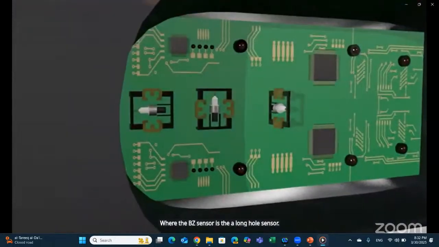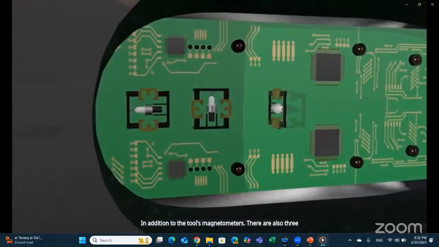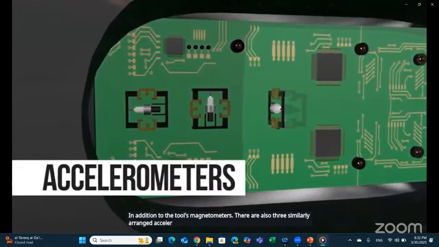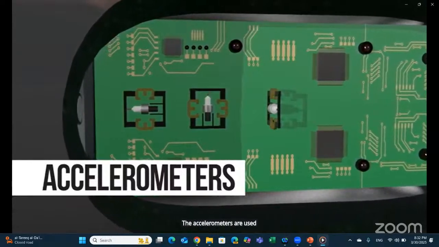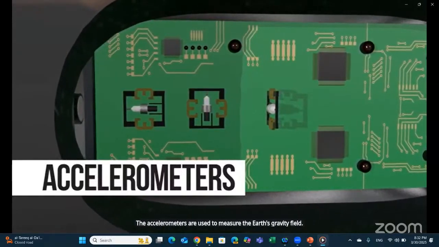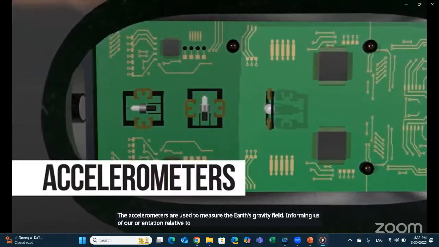In addition to the tool's magnetometers, there are also three similarly arranged accelerometer sensors. The accelerometers are used to measure the Earth's gravity field, informing us of our orientation relative to vertical or down.